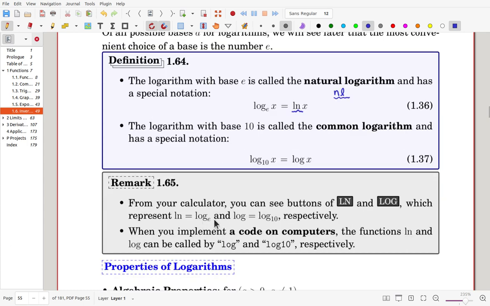If you are using a calculator, you can see ln and log. ln represents the natural logarithm, and log represents the common logarithm. However, in computer programming, you use log for the natural logarithm and log10 for the common logarithm. So you have to be a little bit careful.